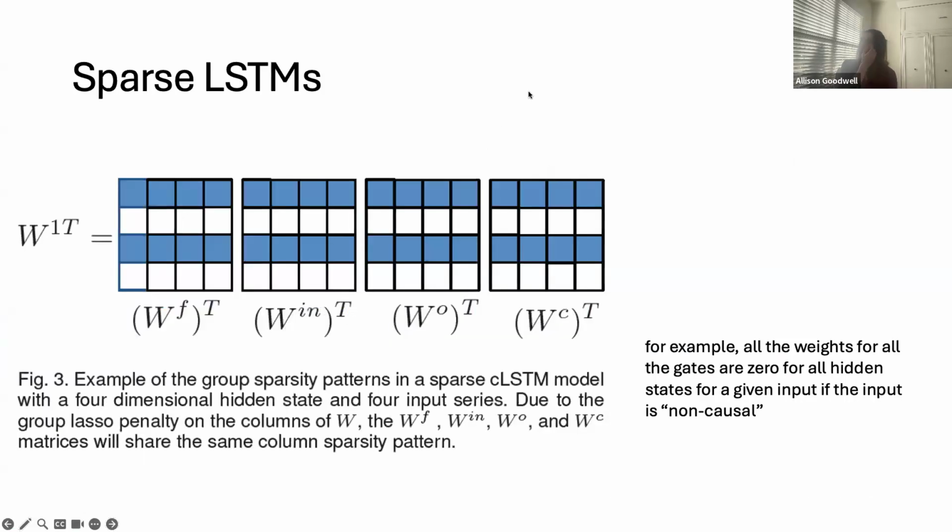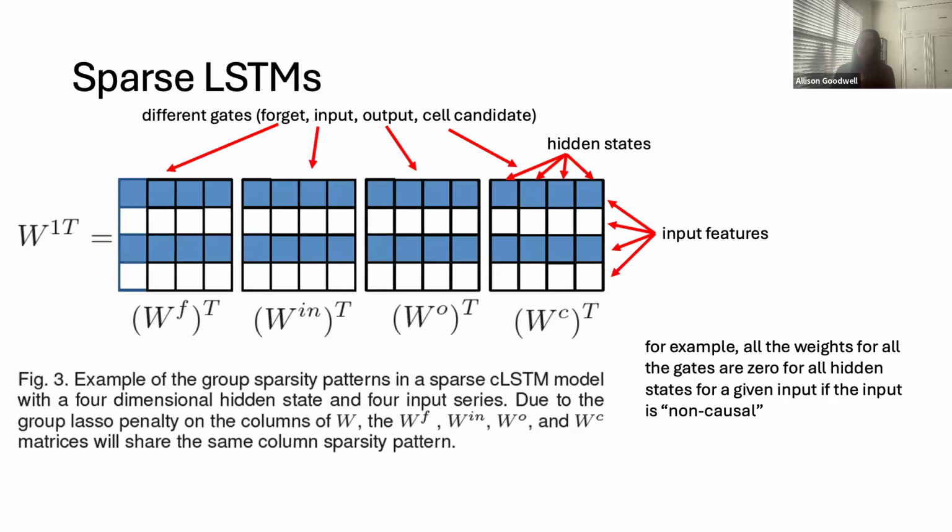Okay, so the weights for LSTMs will look a little bit different. The way that they define the sparsity is a little bit different. So here, each gate, the forget, the input, the output, and the cell candidate state have different weights. And this is an example where we have 4 input features.